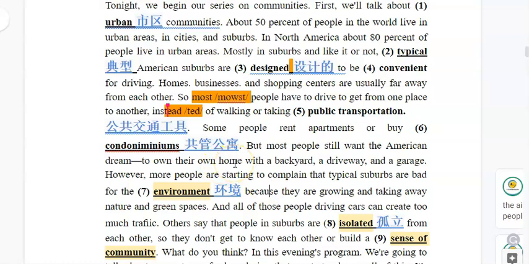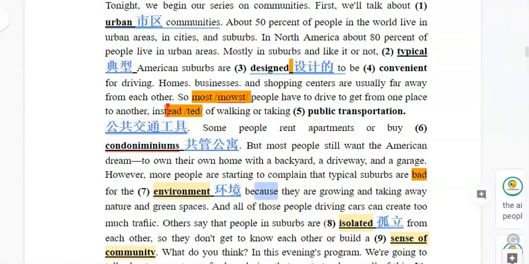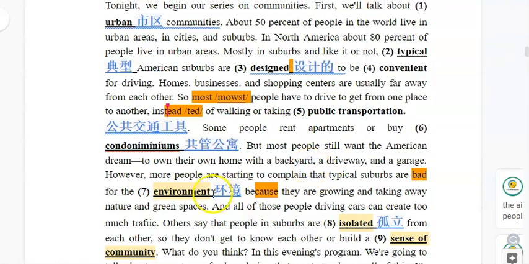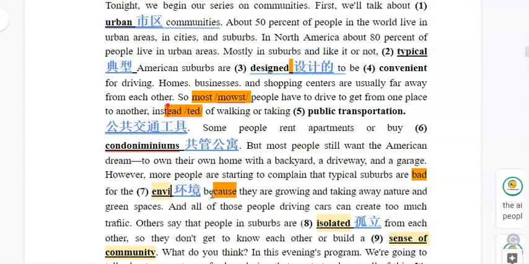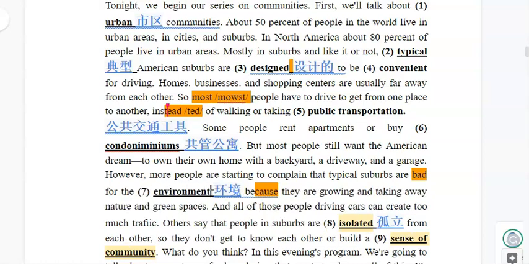Okay. However, more people are starting to complain that typical suburbs are bad for the environment because they are growing and taking away nature and green spaces. I'll be removing this, and please guess the missing word. However, more people are starting to complain that typical suburbs are bad for the environment because they are growing and taking away nature and green spaces.